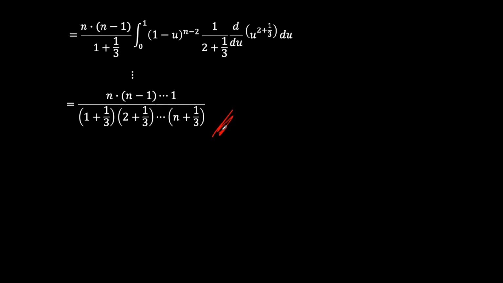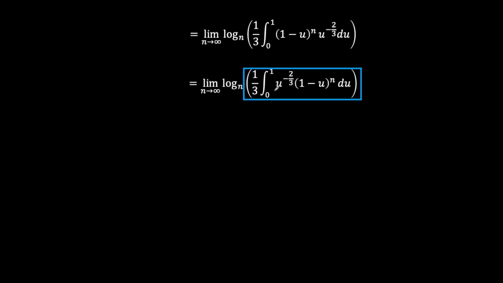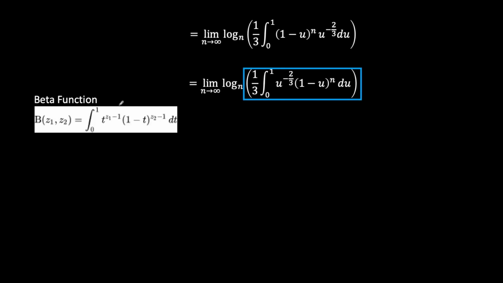So how we could tackle this same integral in a different way is we could use the beta function. I've seen a lot of comments in our comment section, people encouraging us to use beta functions. This is something that probably would be common to anyone who has done applied mathematics, and that is the beta function of Z1 and Z2 is the integral from t equals 0 to t equals 1 of t to the power Z1 minus 1, times (1 minus t) to the power Z2 minus 1.